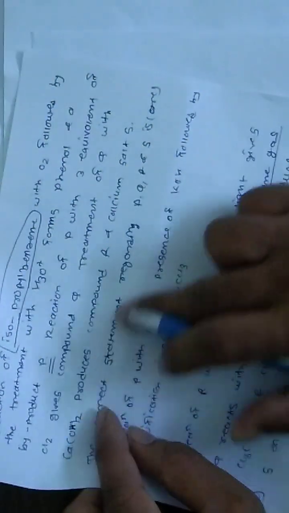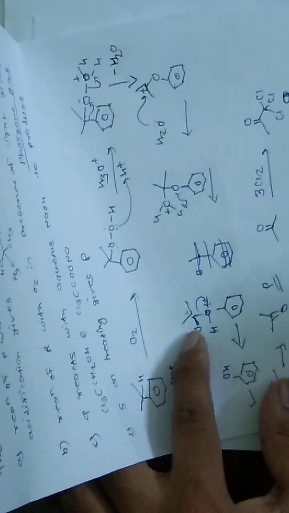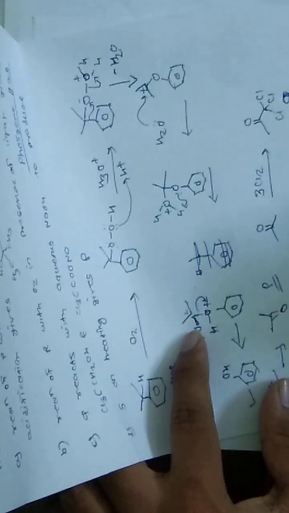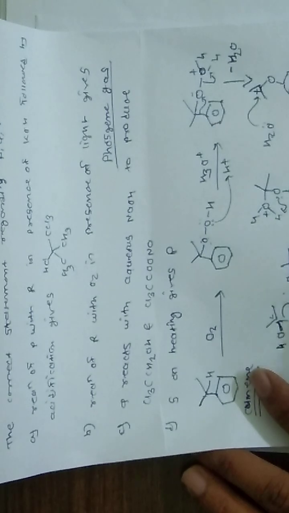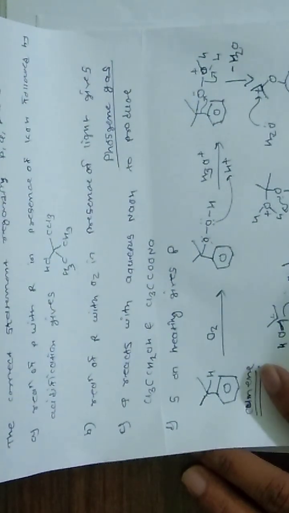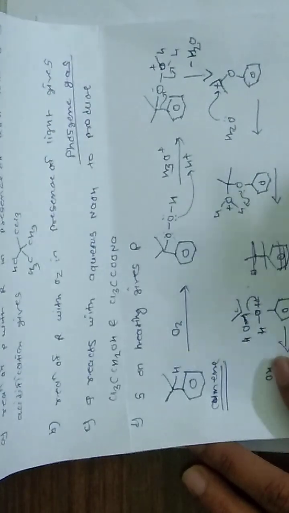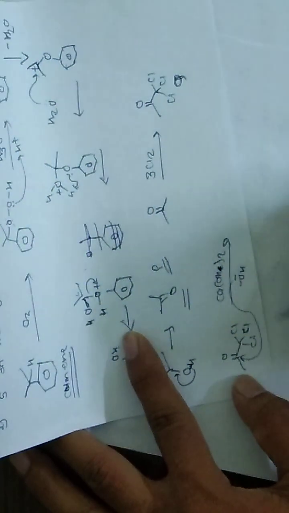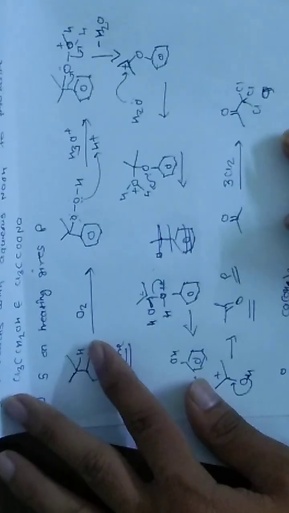So the treatment of Q with calcium hydroxide. This is Q treated with calcium hydroxide, which produces compound R and calcium salt. Now calcium hydroxide is a base and gives OH-. This OH- will attack on that carbonyl carbon.